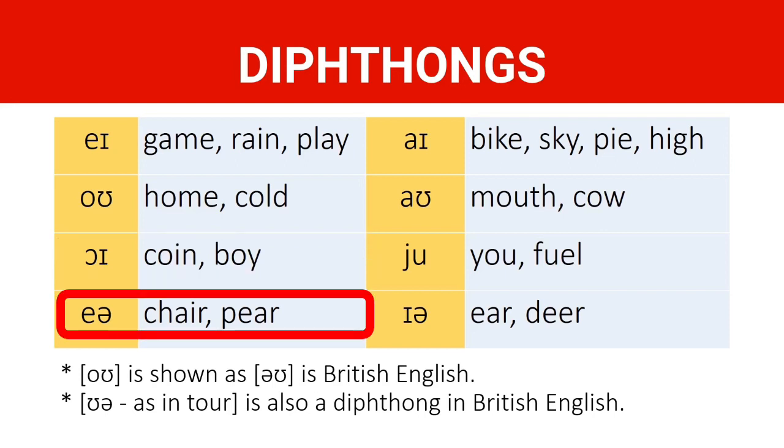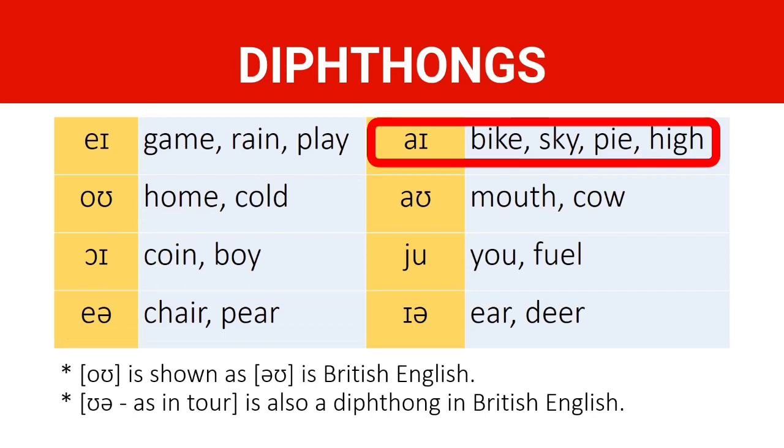Air: chair, pair. This sound is commonly used in British English because they do not pronounce R at the end of words. Chair, pair. So this sound is pronounced like air.